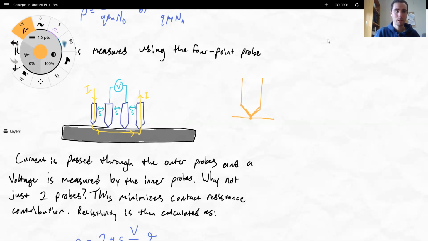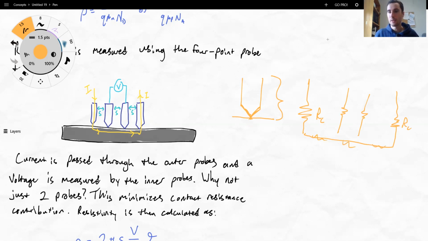So we can approximate this as a contact resistance, and there's going to be one for each probe. And then, of course, there are resistances in the material.